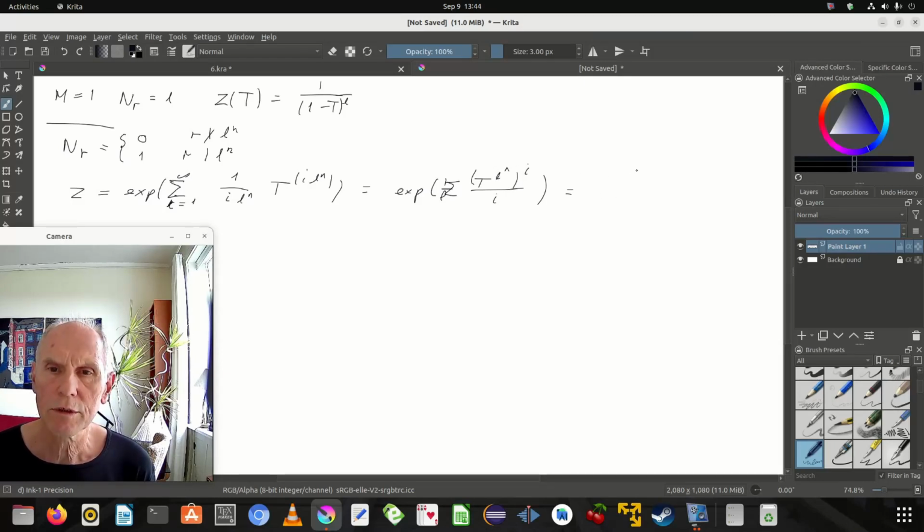So it's 1 divided by the pth root, that's ridiculous. It's L to the nth root of 1 minus t to L to the nth.